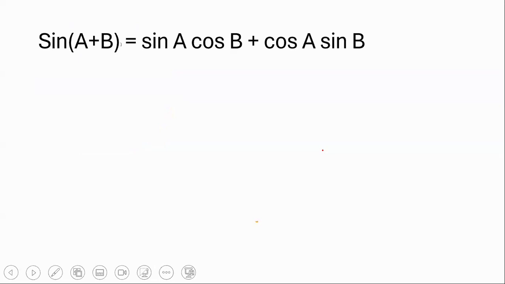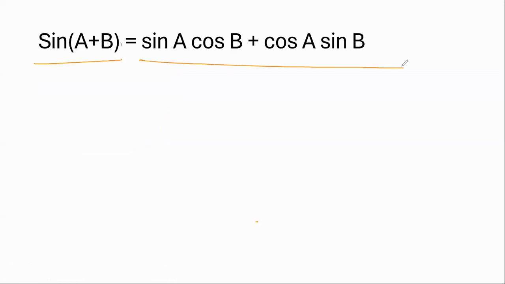Please see, there is one identity: sine of A plus B is equal to sine A cos B plus cos A sine B. When you start learning trigonometry, they will just tell you that sine 90 degrees equals 1. But when you go to a higher class, you will understand why sine 90 degrees equals 1, and when, and how. So today we will discuss how it has come, and why sine 90 is equal to 1.